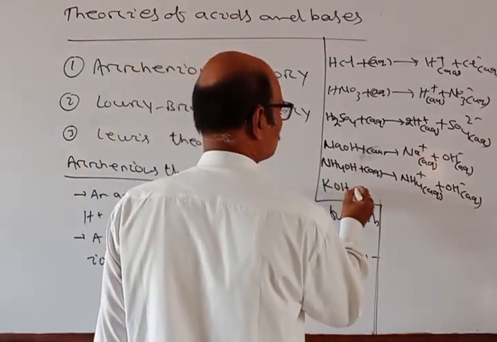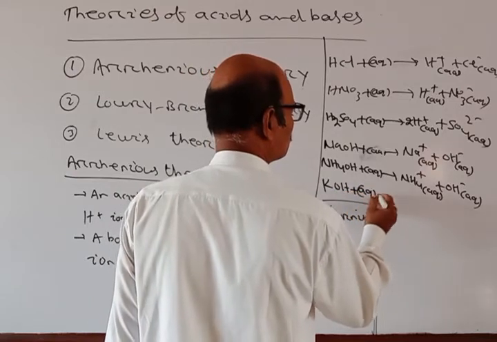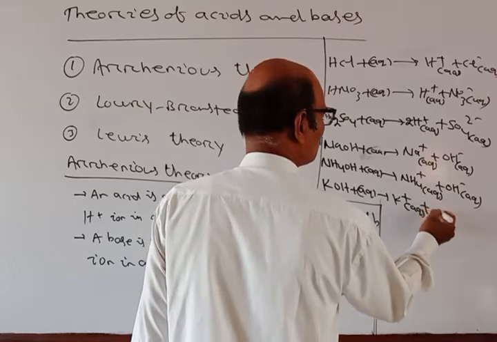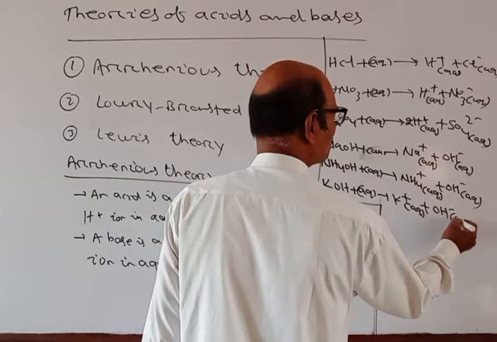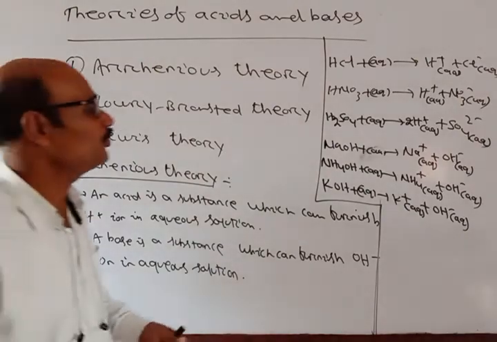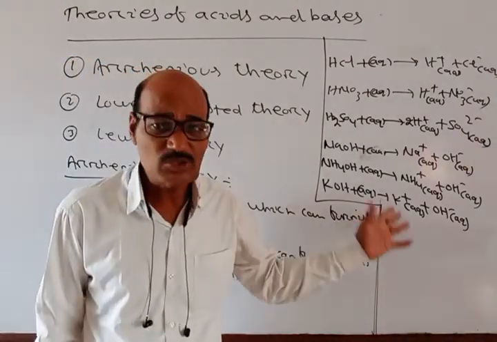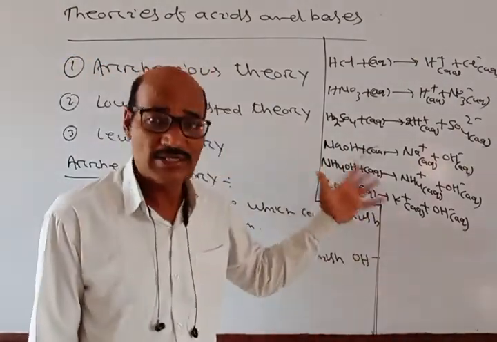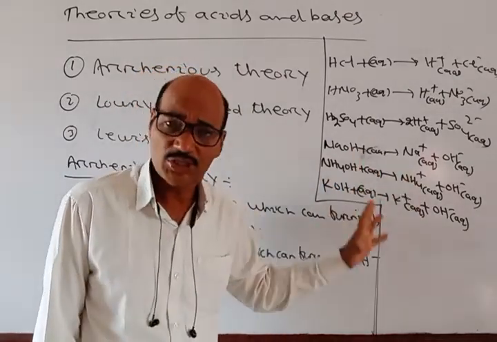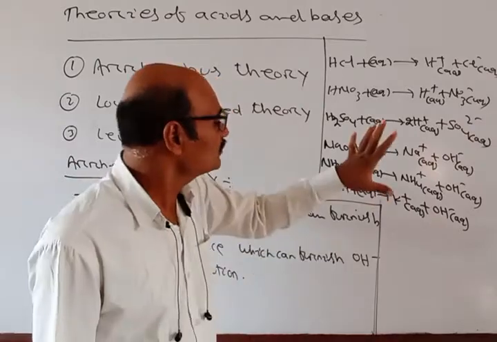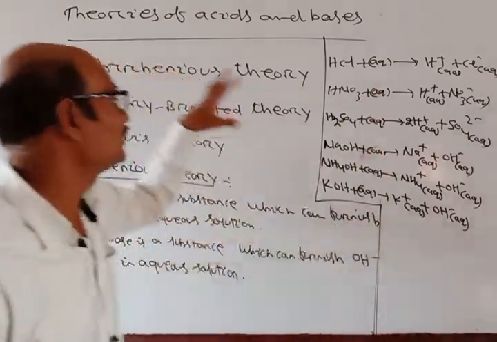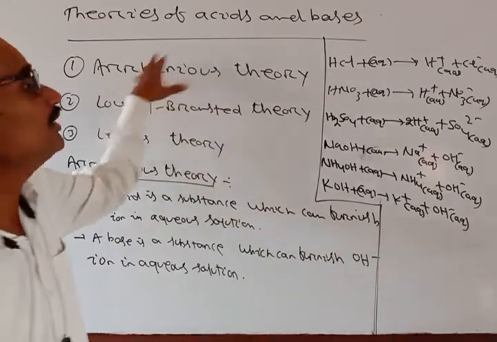KOH plus aqueous gives K plus aqueous plus OH minus aqueous. So NaOH, NH4OH, KOH are substances which give OH minus ion when dissolved in water, so these are considered bases according to Arrhenius.